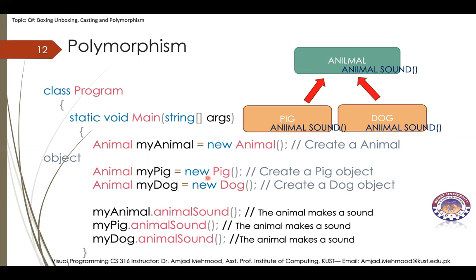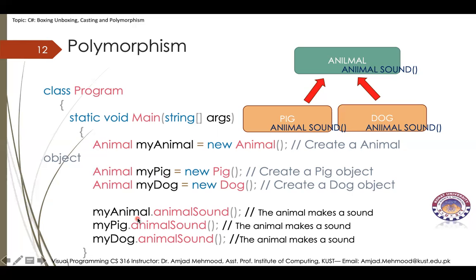So I am assigning the object of the pig class to the animal, and the object of the dog class to the parent class, which is animal. So no explicit type needs to be mentioned here. And here, for example, what I am doing is animal.animalSound.